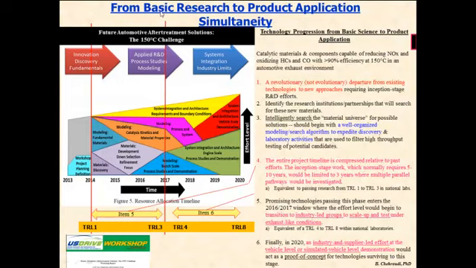Now, we talk again about going from basic research to product application, and here's another example. It's a very important, very interesting example in the context of future automotive after-treatment solutions.